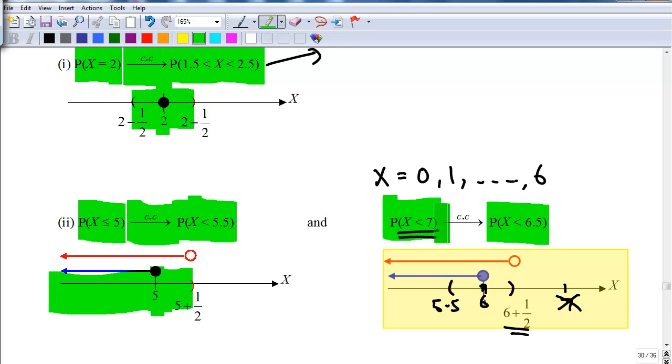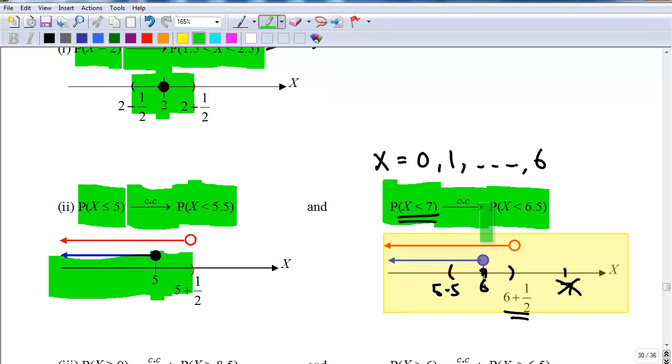Remember to draw the horizontal line and put the CC on top. I hope you can see it now. It's a really simple idea. You change a number into an interval by considering all numbers that still equal the number you want to consider when corrected to the nearest whole number.